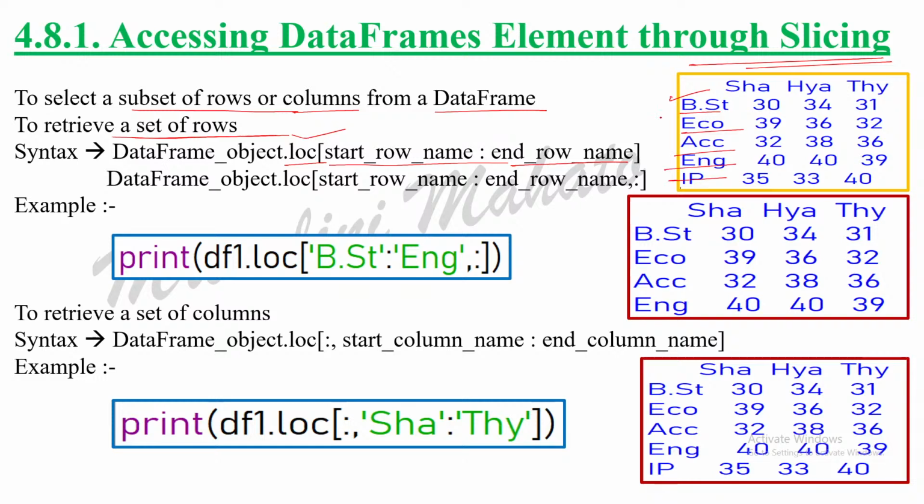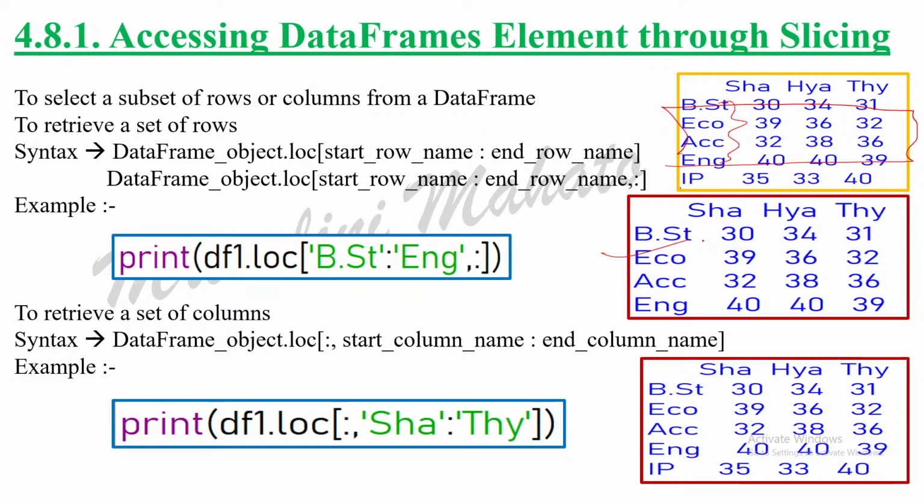So if you use the label index, then the end value will also be accepted. Just like df1 dot loc BST to English: starting of the row BST, ending of the row English. You want to fetch the records from BST to English, and it will display like this.